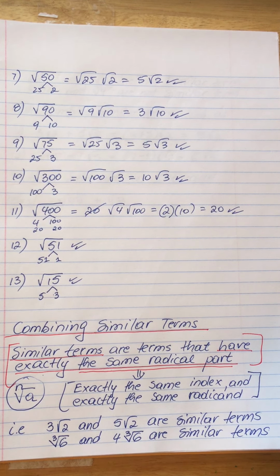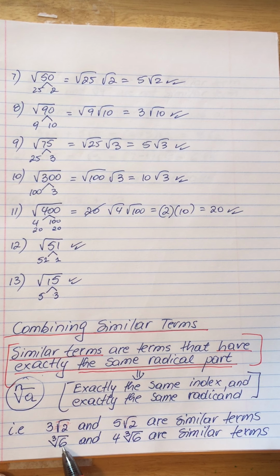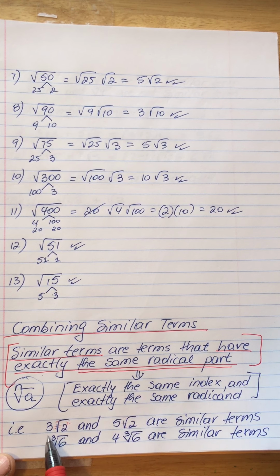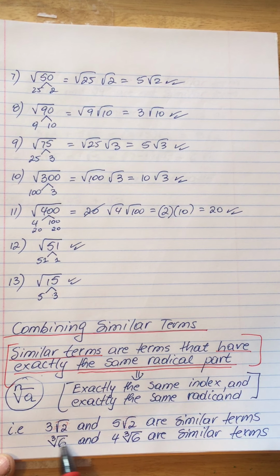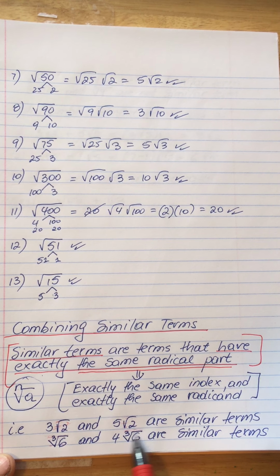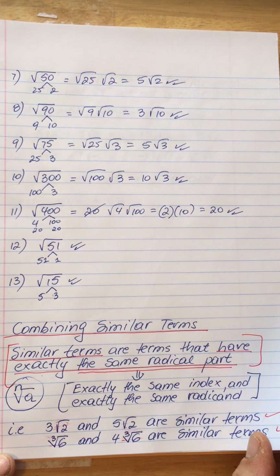Yes, they are. The cubic root of 6 and 4 times the cubic root of 6 are similar terms. Why? Because they contain exactly the same radical part, the same index, the same radicand.